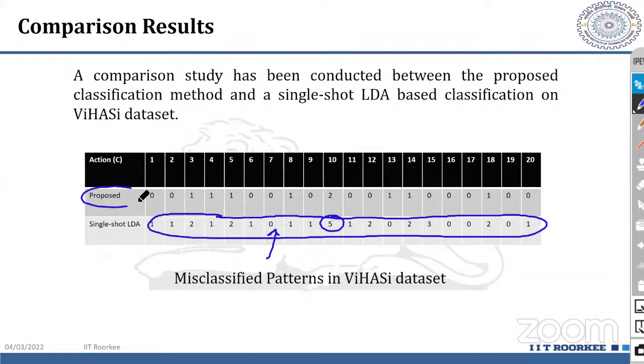Whereas if you use LDA tree, your misclassification has been reduced like anything. Only one class misclassification is more, otherwise you are getting zeros and ones.